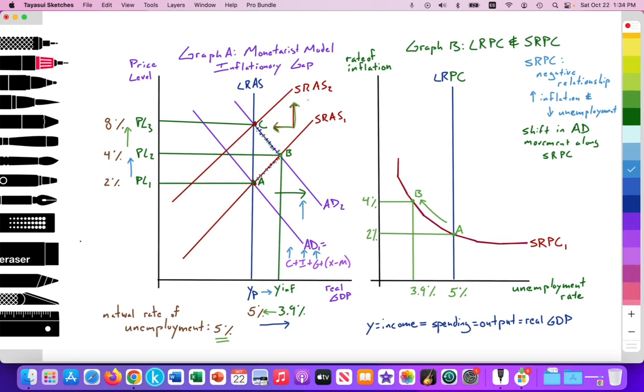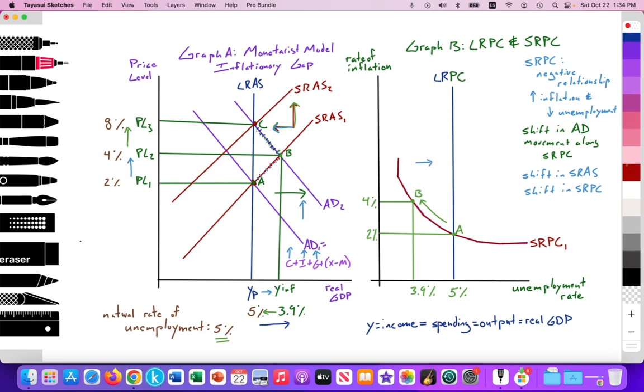But what happens when the SRAS curve shifts? If the short-run aggregate supply curve shifts, that's going to cause a shift in the short-run Phillips curve. And the two move in opposite directions. So if the SRAS curve is shifting inwards, then the short-run Phillips curve is going to shift outwards.